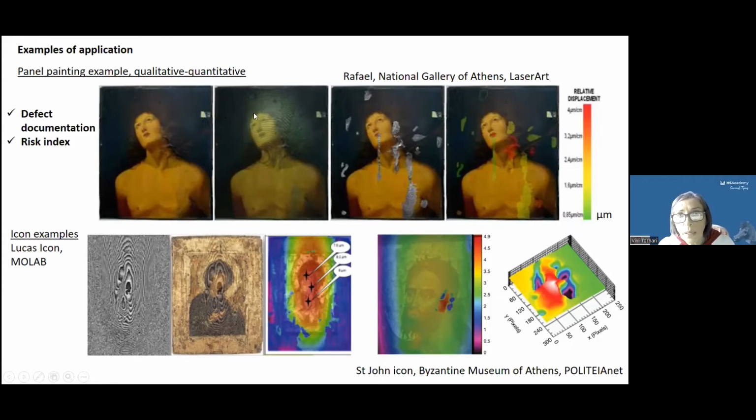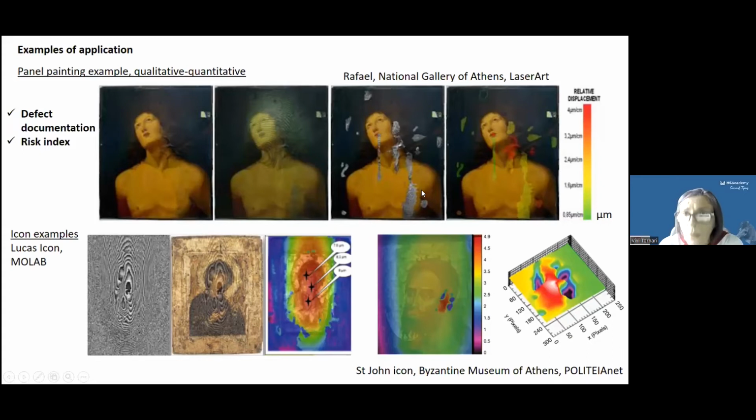By studying the holographic interferogram, we can extract any change in the uniform fringe distribution. This is not a very heavily deteriorated example, and we can extract the information, the location, the size, and the exact coordinates of each defect.